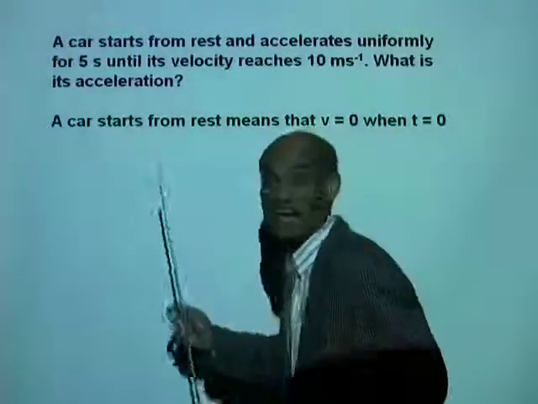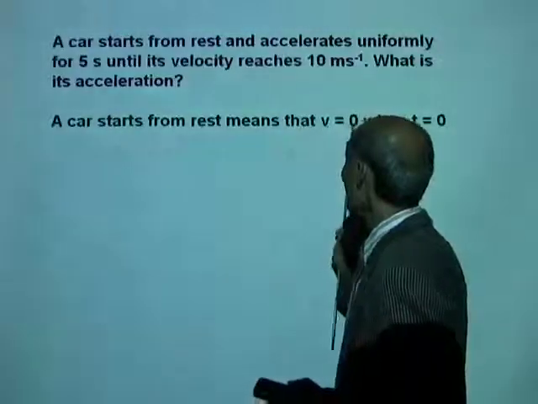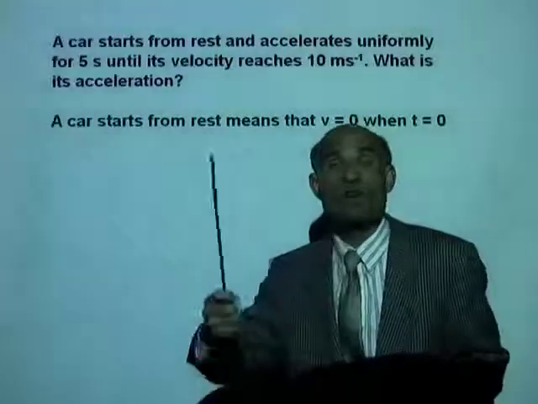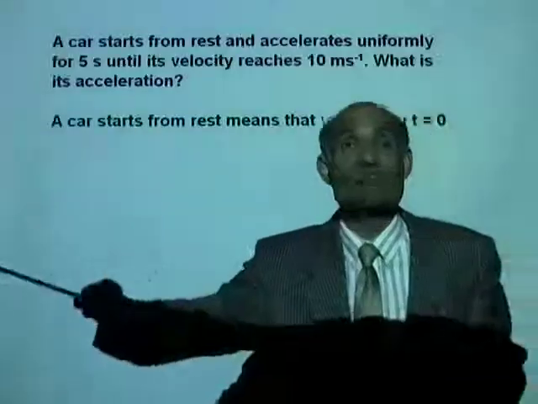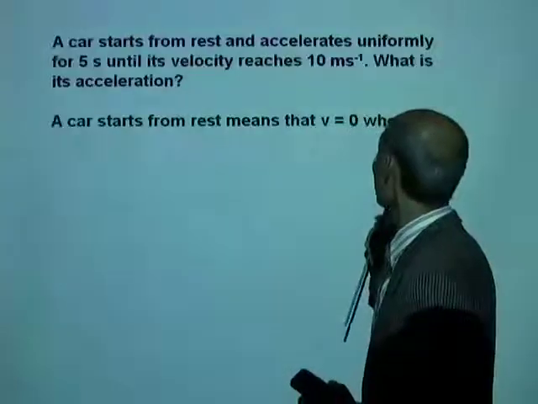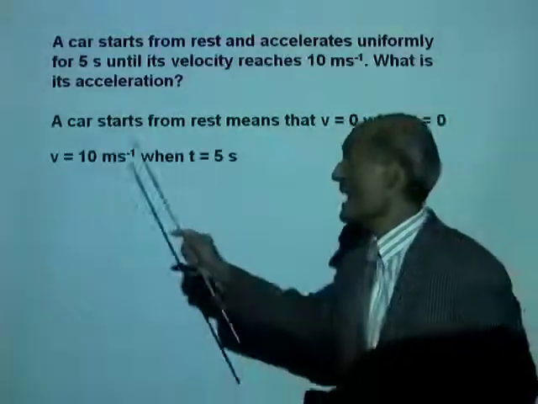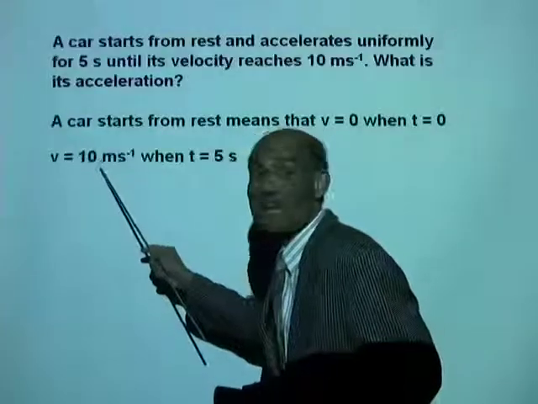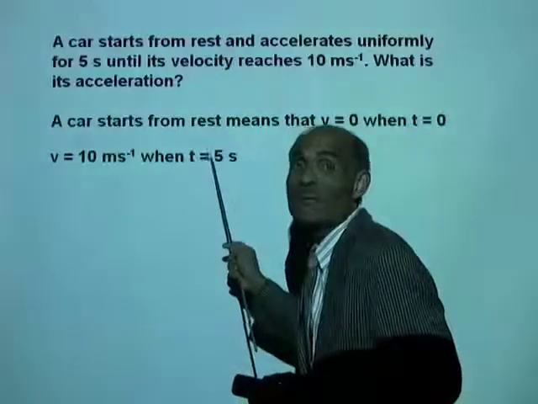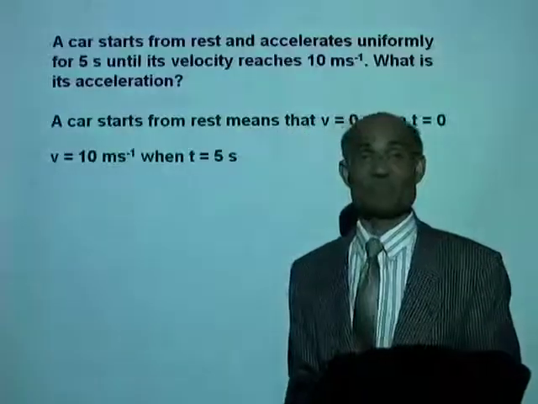Now, a car starts from rest means that its velocity equal to 0 when you start counting your time, or we say v equal to 0 when t equal to 0, and v equal to 10 meters per second at the end of time 5 seconds.